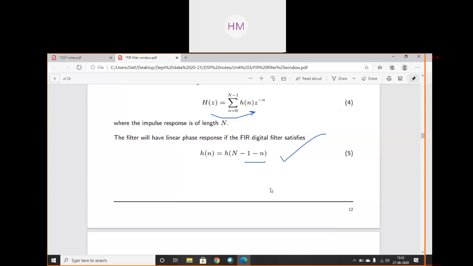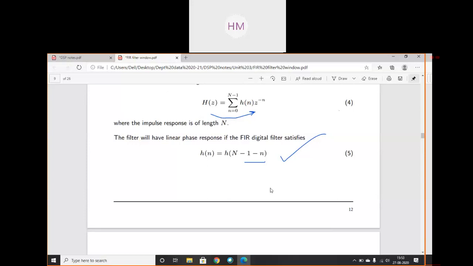Small n will vary from 0 to 8, since the length of the filter is 9.